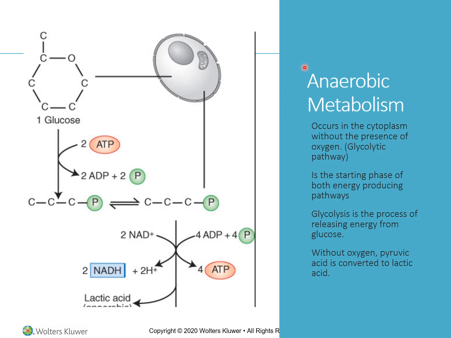So why would we need this anaerobic pathway if it's producing these byproducts that are problematic and it's not producing as much ATP? Well, there are some situations where we have an overall kind of systemic reduction in our oxygen availability. So conditions like circulatory shock or cardiac arrest create a systemic anaerobic condition.